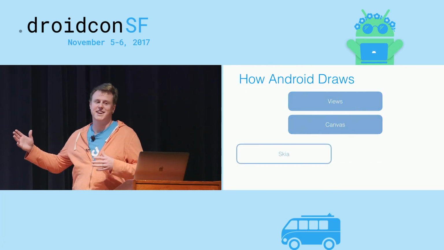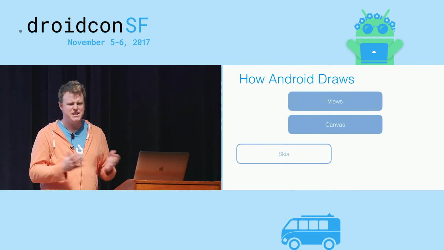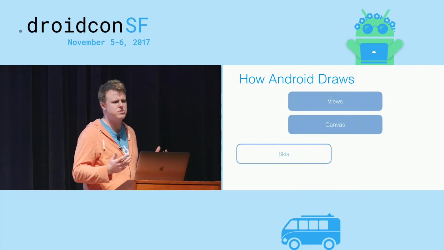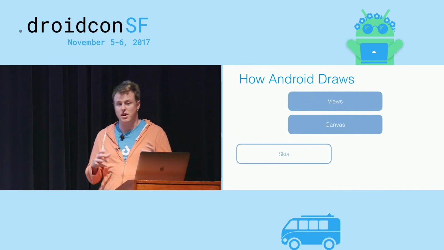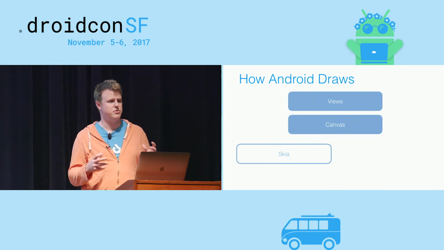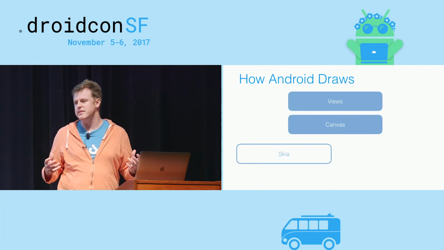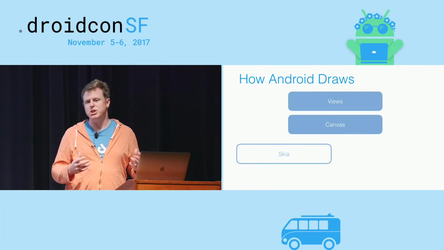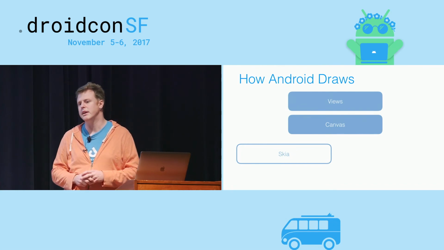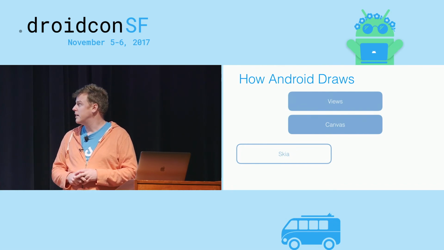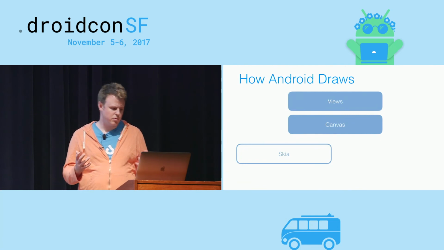All right, so we have Skia. To be honest, I'm not even sure if Skia is really used a whole lot anymore for view drawing. Skia is the software renderer, so before Android devices all had GPUs and hardware acceleration, you would use Skia to draw, and that was software rendering. It's a really great API.